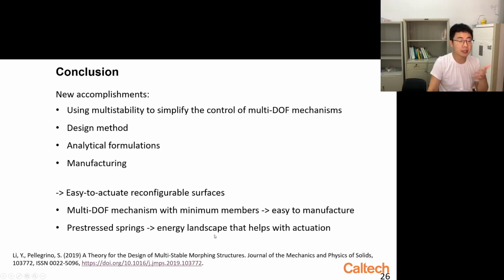We have energy landscapes in it to diminish or cancel all those degrees of freedom, and instead we introduce the energy to guide the configuration into different ones, right? This is very easy to design, very flexible. We can shape this energy landscape differently, so the structure will have several preferred locations. And the combination of these two ends up with something that is easy to manufacture and also easy to actuate. So that's the takeaway.